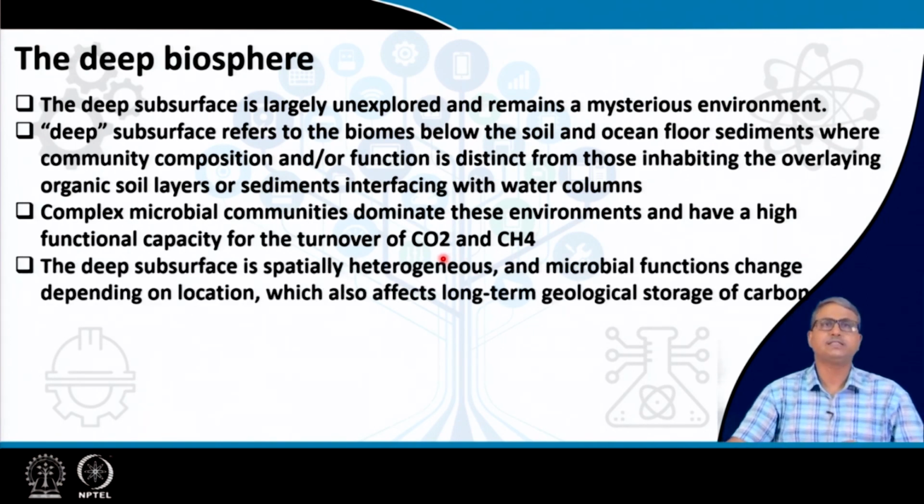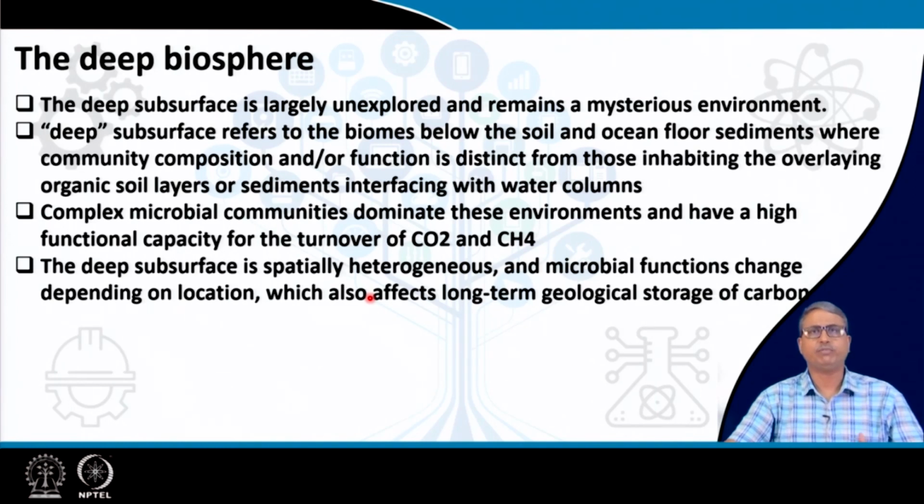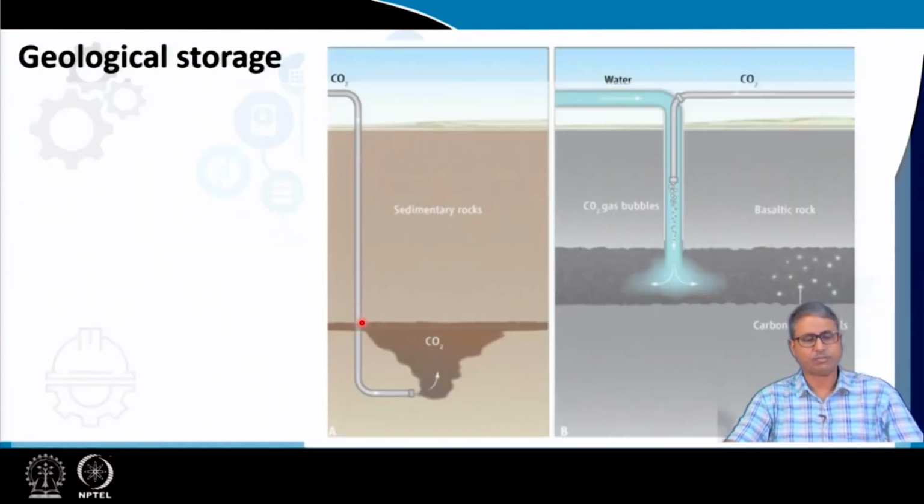Deep subsurface is spatially heterogeneous from place to place because of the composition of the rock crust, and microbial functions also will change depending upon the depth, the location, availability of different substrate, etc., which also affects long term geological storage of the carbon.